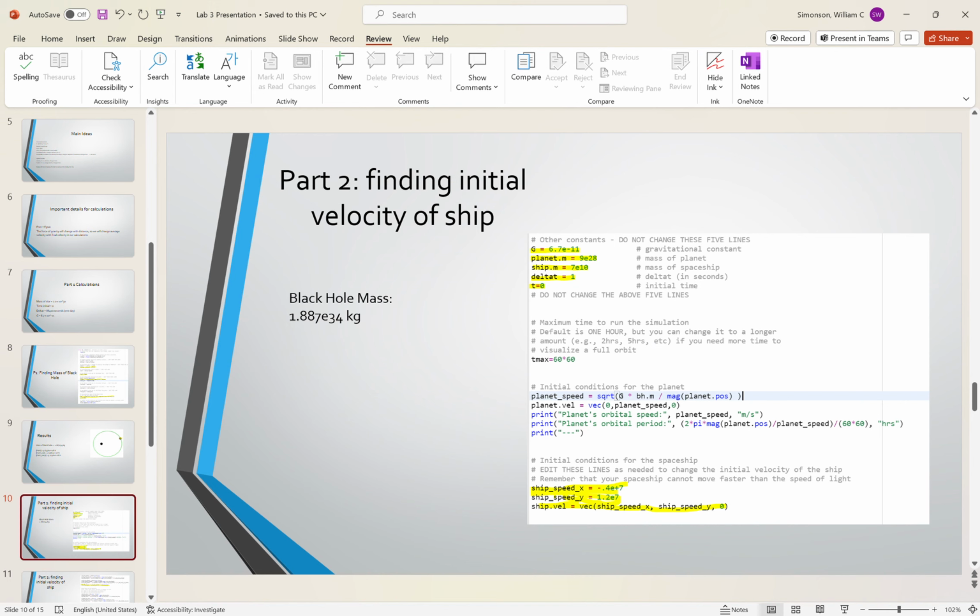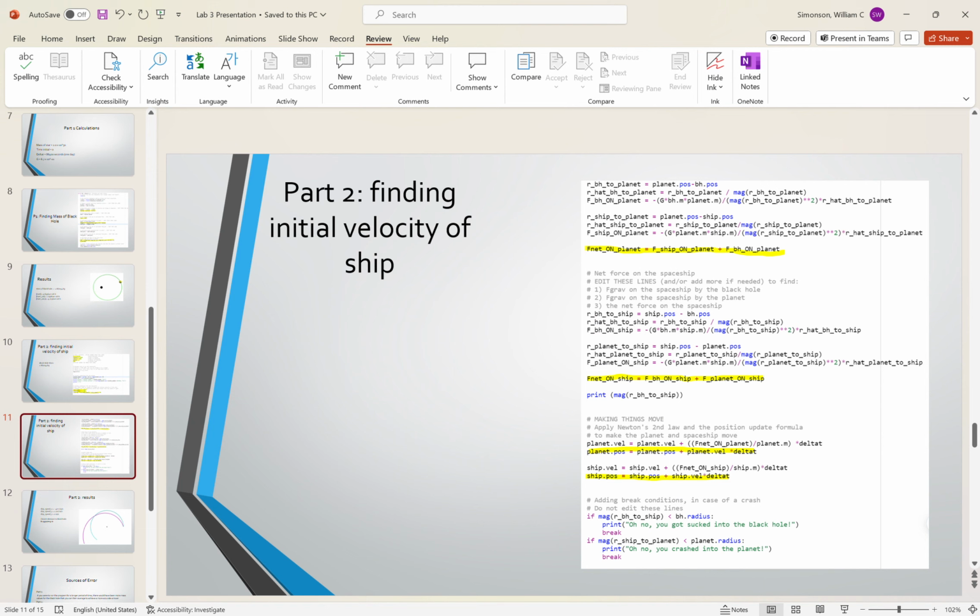In Part 2, we found the initial velocity of the ship, and the initial values that we used are G, the mass of the planet, the mass of the ship, the change in time per loop, and the initial time.